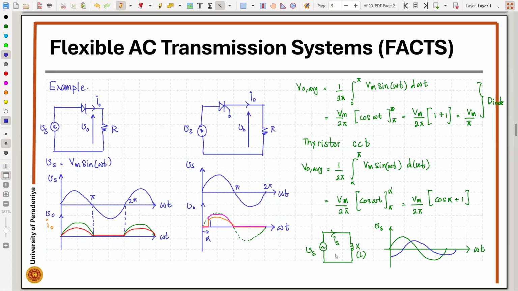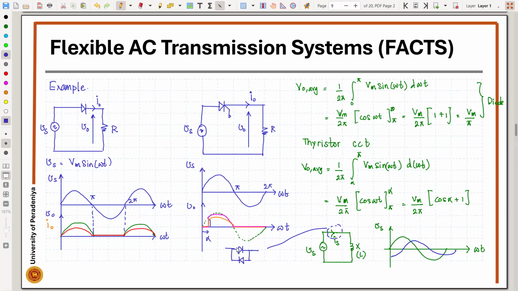So if we are trying to control this using a thyristor, then we are going to have problems. Let's say now, if we want to implement this, we can have it using back-to-back thyristors.